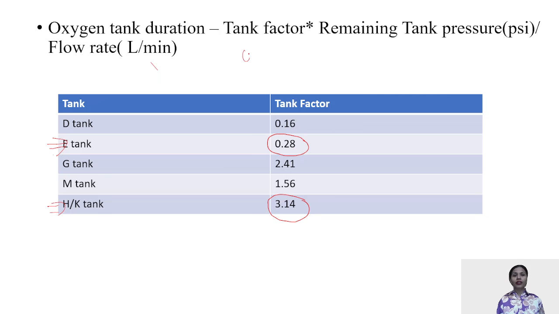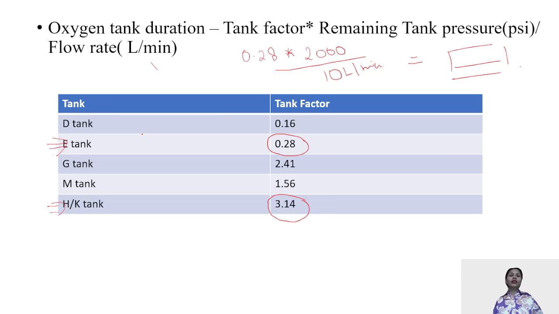So tank factor 0.28 into the pressure present in the cylinder, for example 500 psig or 2000 psig, whatever is given in the question, divided by the flow rate at which you have opened the cylinder, suppose 10 liters per minute. This gives the time the cylinder is going to work. This is your oxygen tank duration.